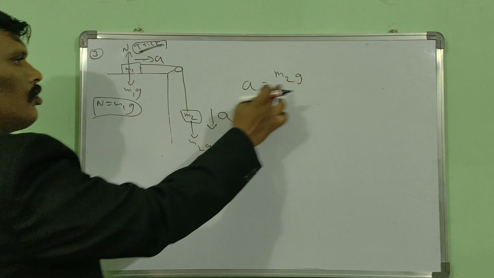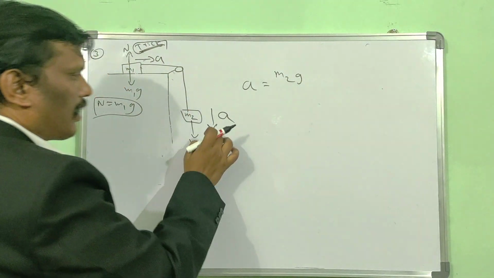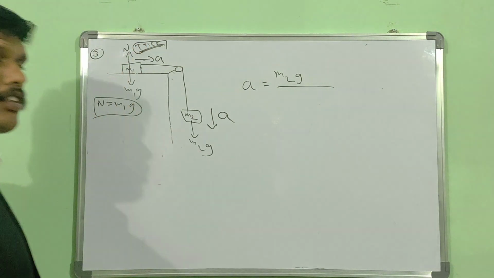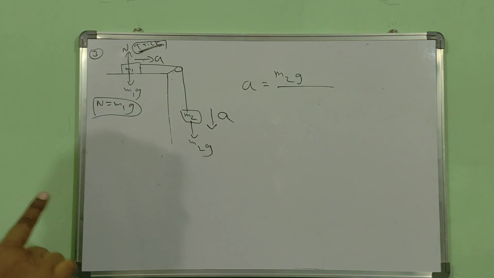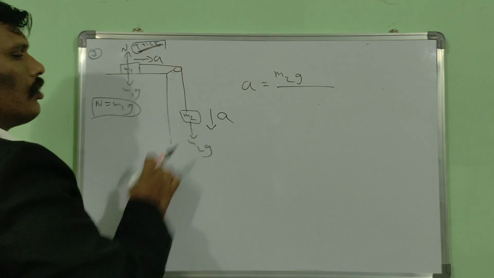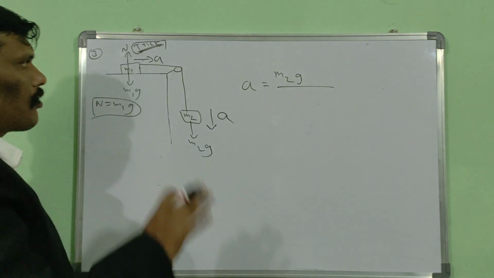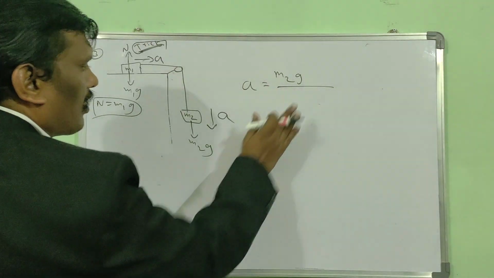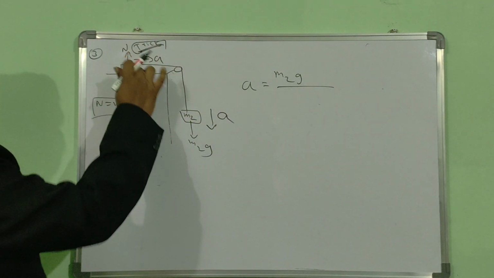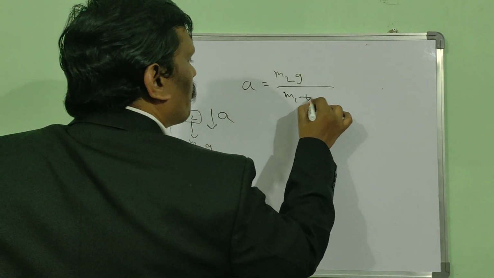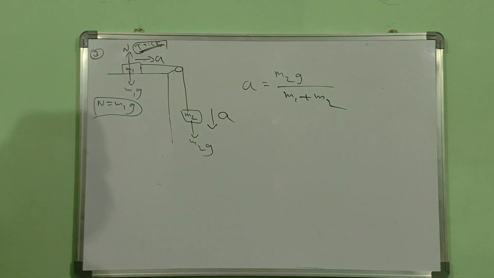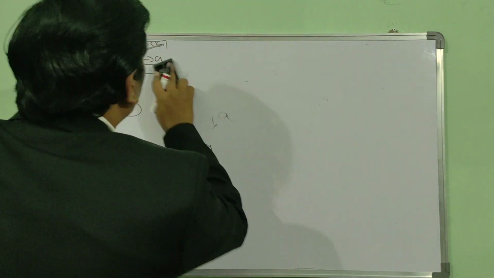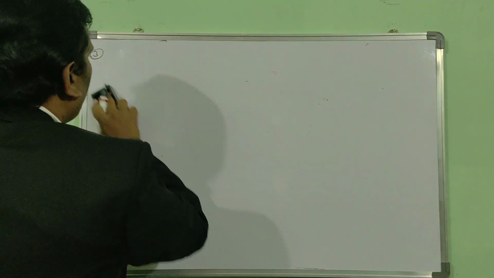Now A is equal to M2G, the only net weight here, divided by the total mass in the system, not only M2. Remember, whatever may be, we consider the total mass of the system in the denominator. Always remember that point. That is M1 plus M2. That's all. This is the calculation of acceleration for such a system. The third one is completed. Now the fourth one.